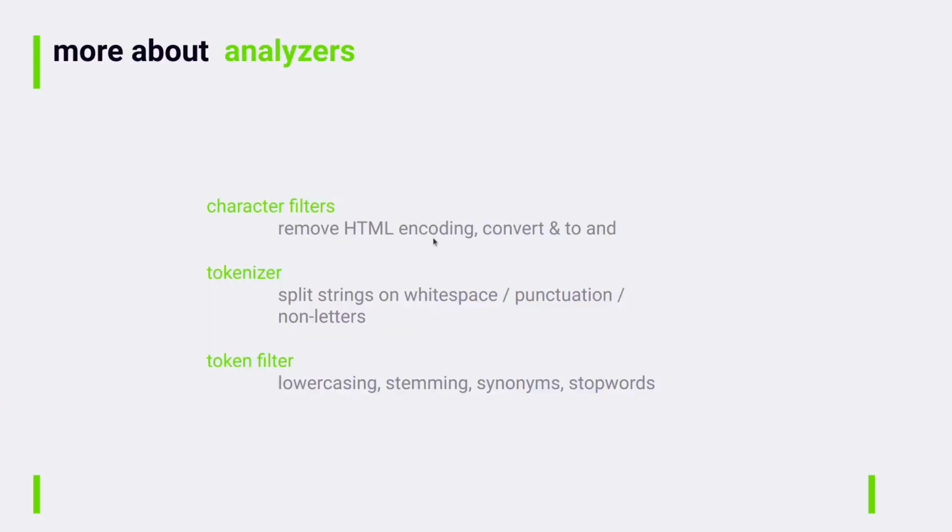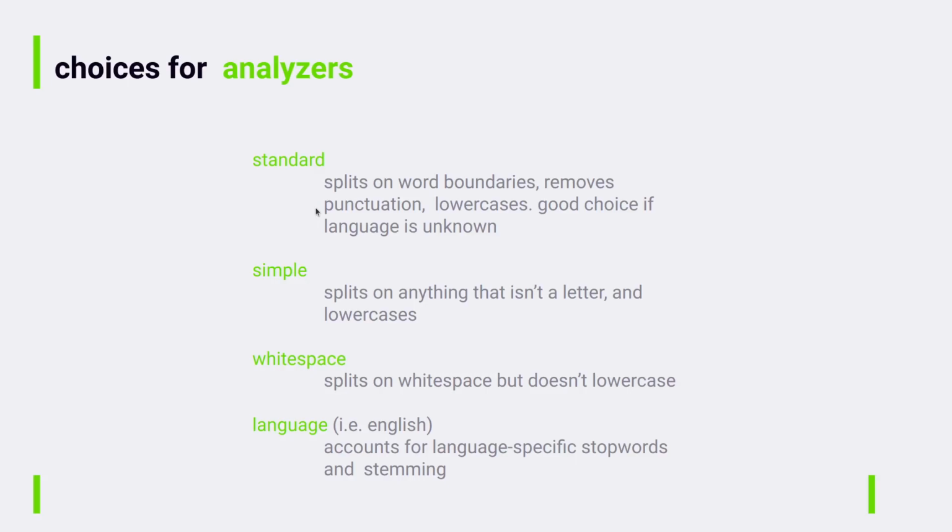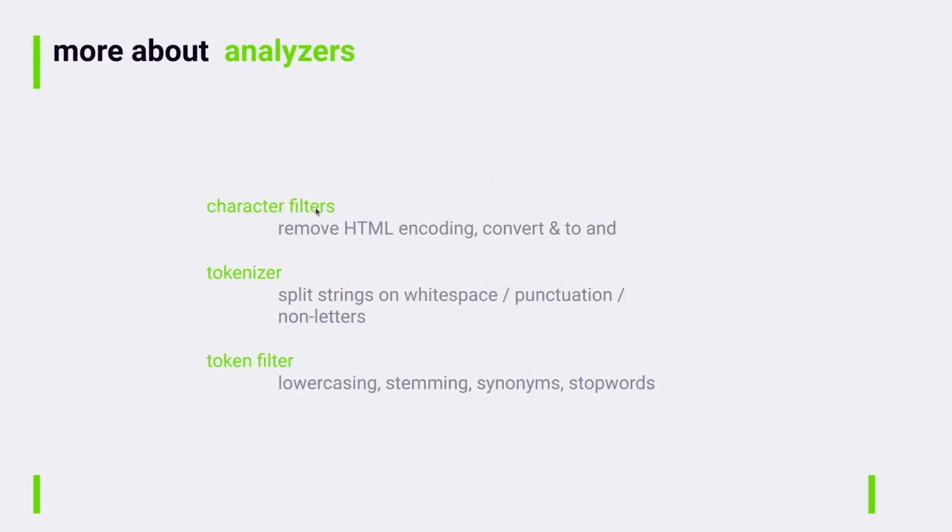Analyzers can be character filters, which can be used to remove HTML encoding. So if you have an ampersand symbol in your text and you want to convert it to the word "and", like in the English language, analyzers can help in that.